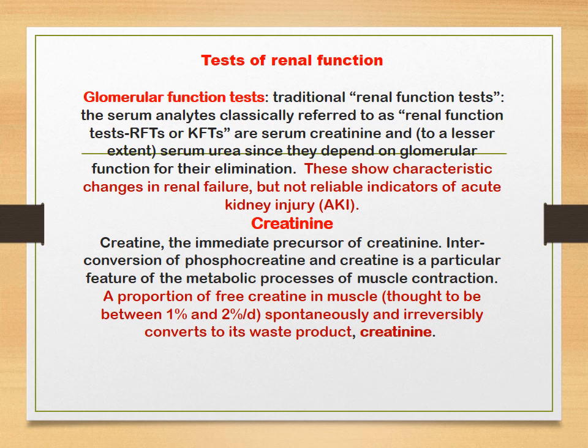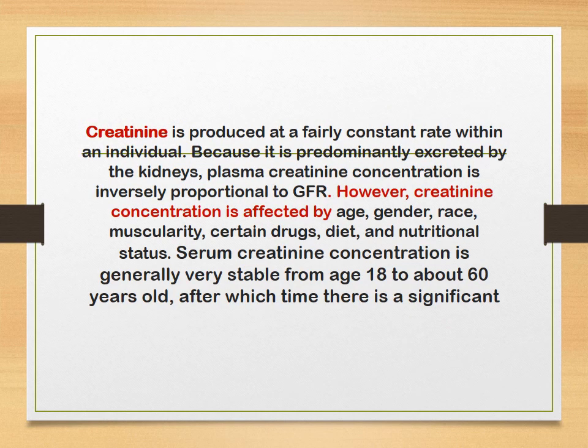Around 1 to 2% of creatine daily is converted spontaneously and irreversibly to creatinine. So creatinine is the end product of the creatine phosphate energy store in the muscle. This formation of creatinine from creatine phosphate is usually at a constant rate, and this is a very important advantage for creatinine as a marker for renal function.